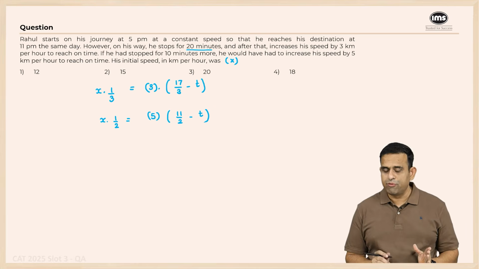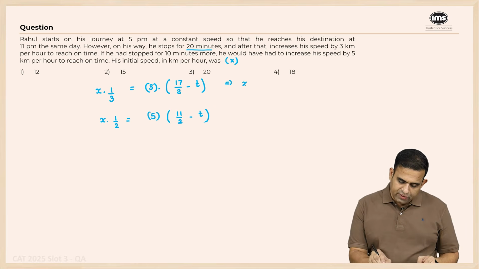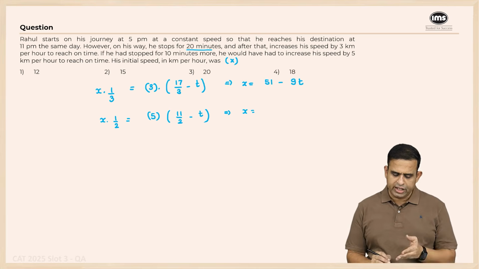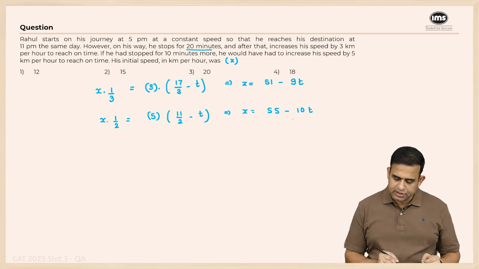If you look at it from here, this becomes very straightforward, and this is going to make your life much easier. So from here, if I cross multiply, you can get the value of x to be equal to 9 times of this number, which will become 51 minus 9t. From here, x will become equal to, if you cross multiply, 10 times of this number, which will give you 55 minus 10t.